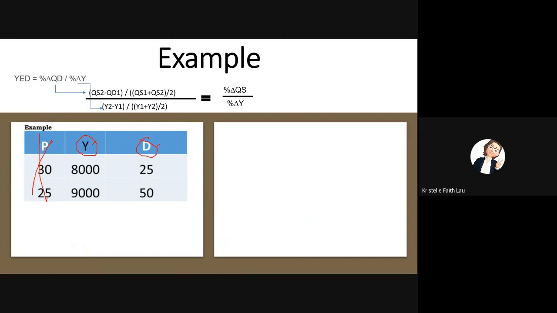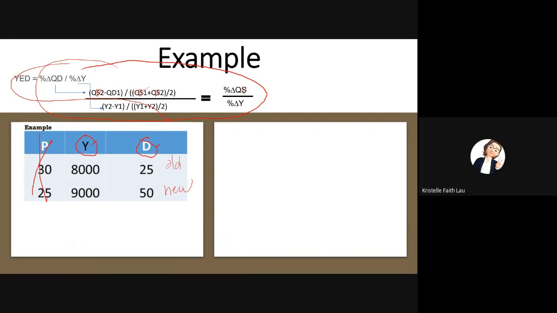So, nandito na yung calculation na gagamitin natin for this topic. So, transpose natin yung mga values dito. Again, this is the old, this is the new. Baliwalain nyo na lang yung namali na. That is D. This is also D. That is not supply anymore.